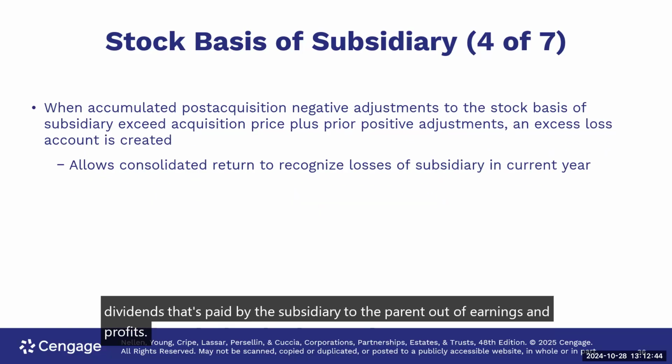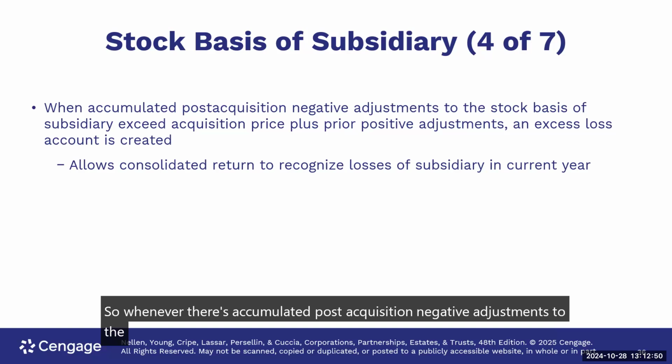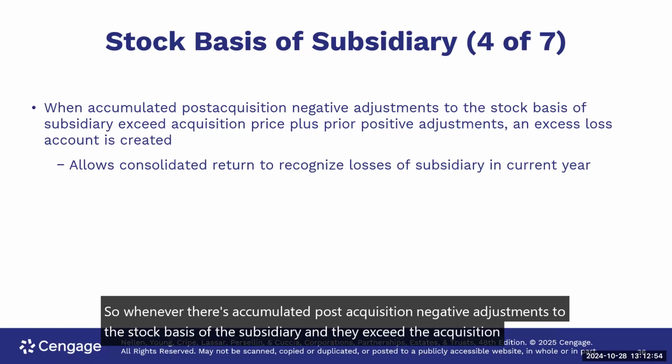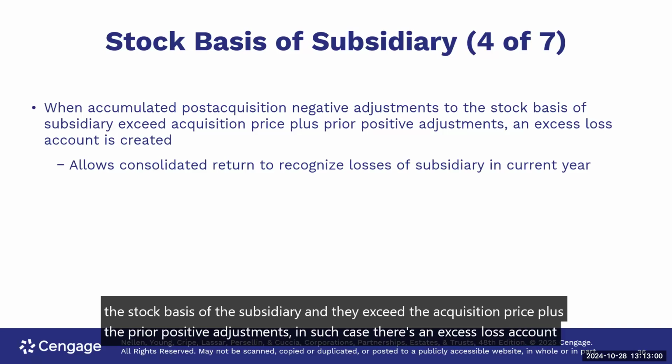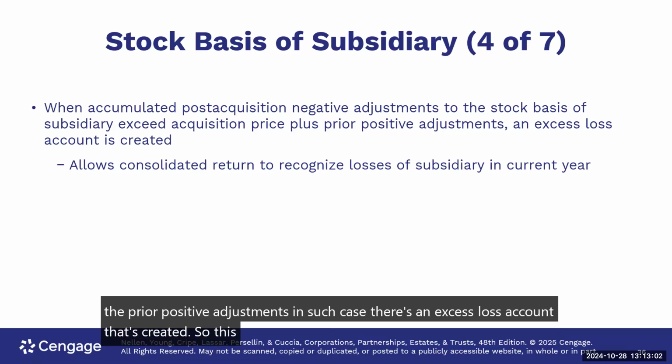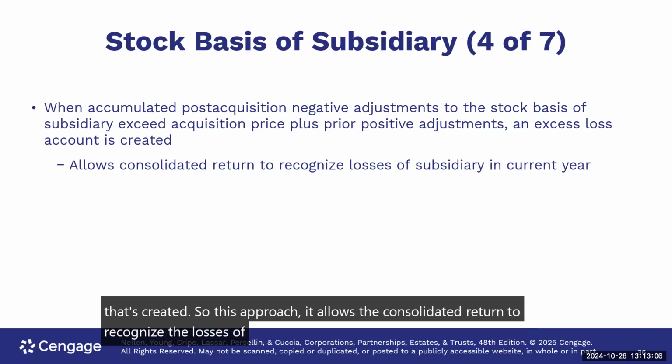Whenever accumulated post-acquisition negative adjustments to the stock basis of the subsidiary exceed the acquisition price plus the prior positive adjustments, an excess loss account is created. This approach allows the consolidated return to recognize the losses of a subsidiary in the current year.